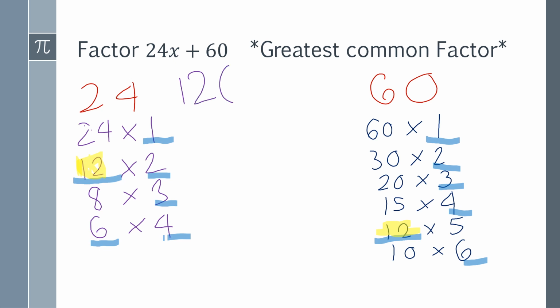Put it in the parentheses. Now, to get 24, what times 12 gave me that 24? And don't forget about the x, because remember, you're trying to get all this to go back to this guy here.